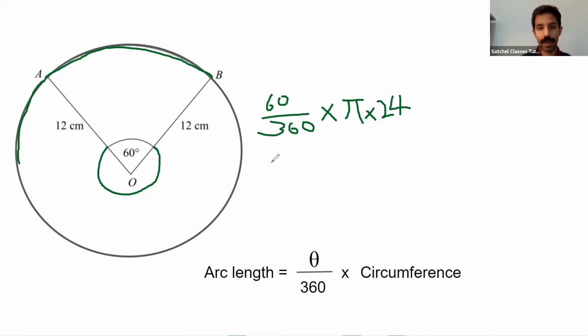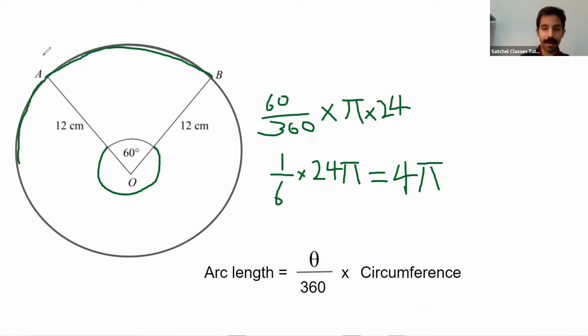And we can simplify this to 1/6 times 24 pi, which will give us 24 pi over 6, and 24 over 6 is 4, so our answer will be 4 pi for this arc length here.